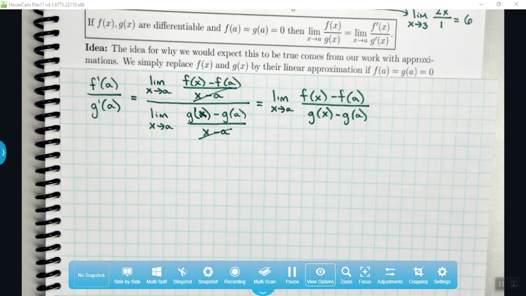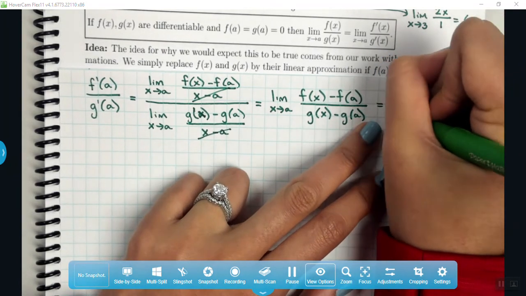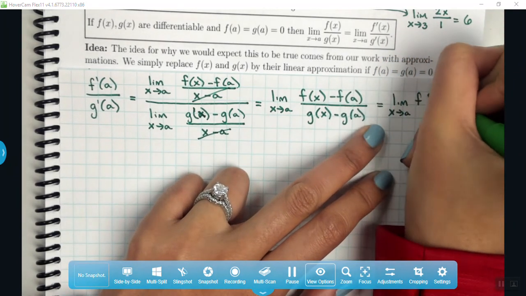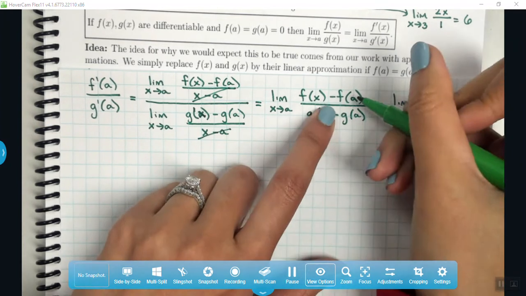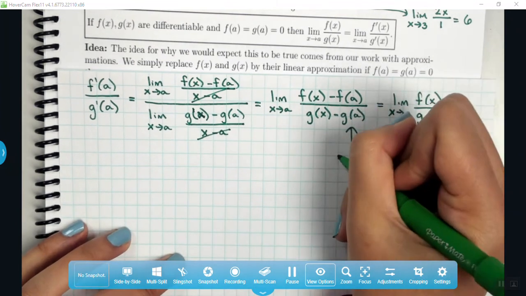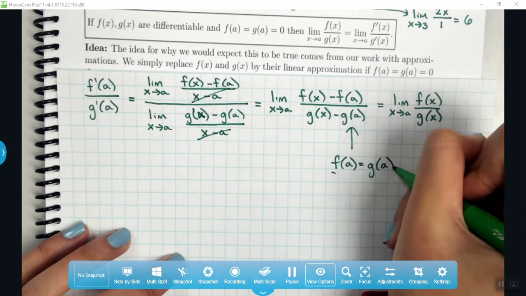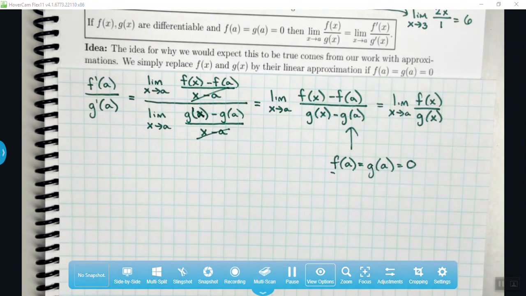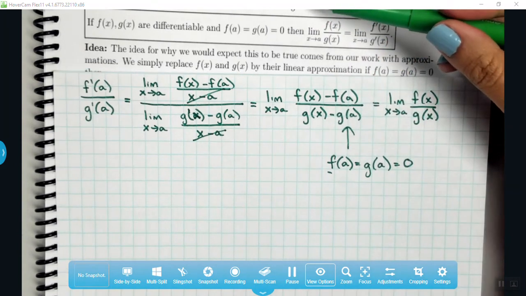Right? Now, this is only going to equal the limit as x goes to a of f of x over g of x if f of a and g of a are both what? 0. Right. So you can only use L'Hopital's if you get an indeterminate form for f of a and g of a.